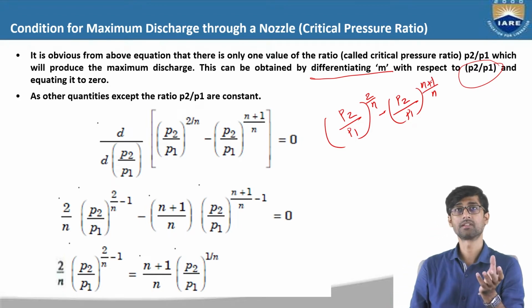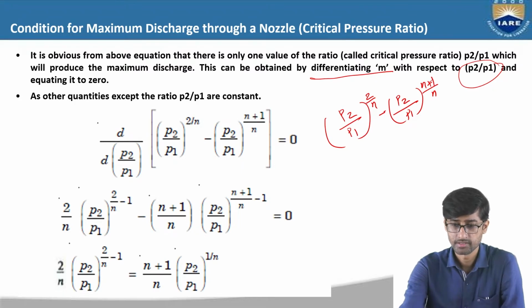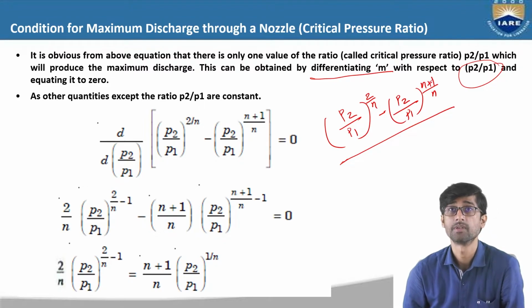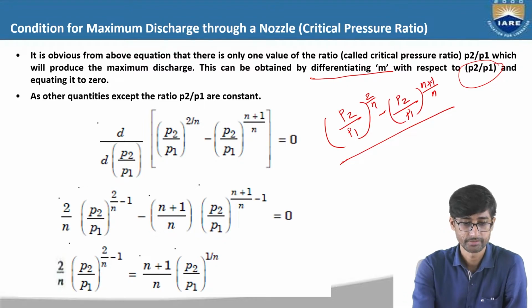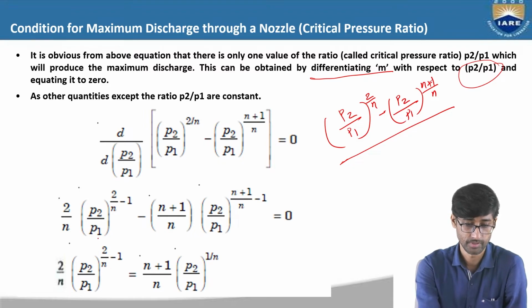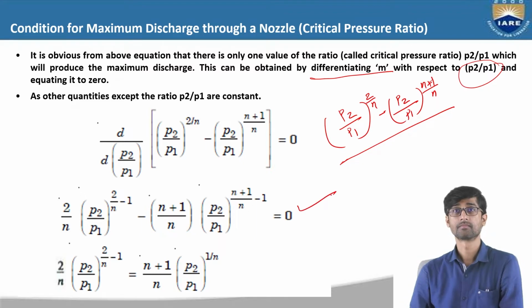To get the maximum discharge, we differentiate this equation with respect to P2 by P1. If we differentiate, this becomes 2 by n into P2 by P1 to the power 2 by n minus 1, minus n plus 1 by n into P2 by P1 to the power n plus 1 by n minus 1, and equating to 0.